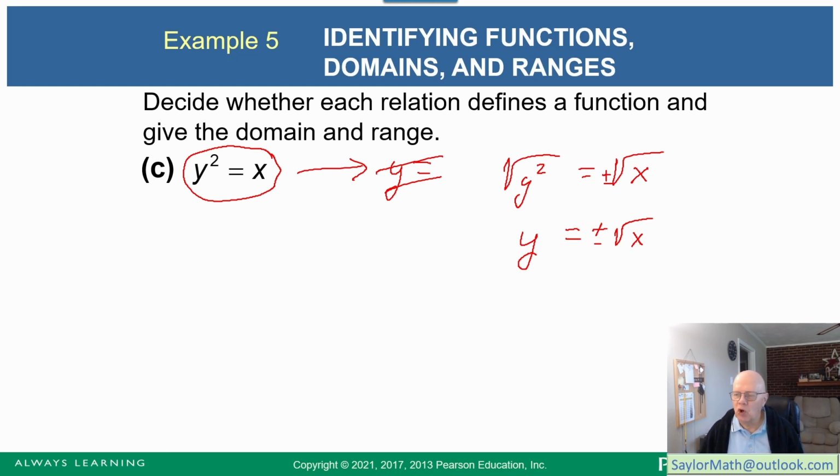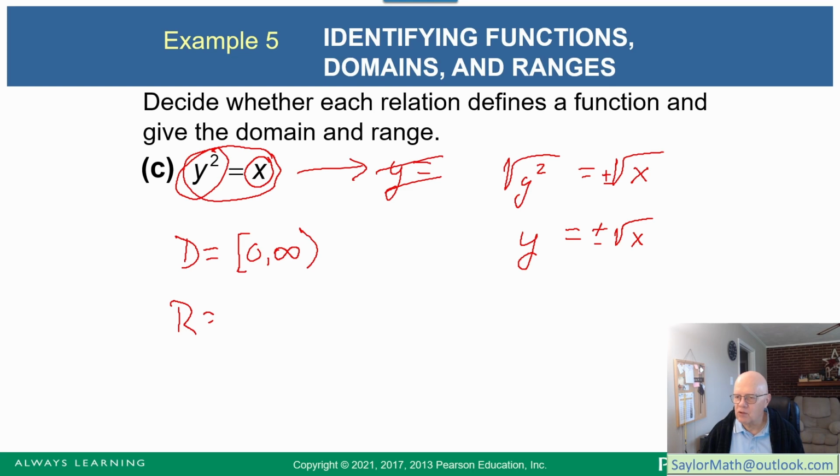Domain and range, what x's can you use? Well, the x's can't be negative because you're squaring the y. So the x's for the domain will be, could be a 0, and anything bigger than that. How about the range?